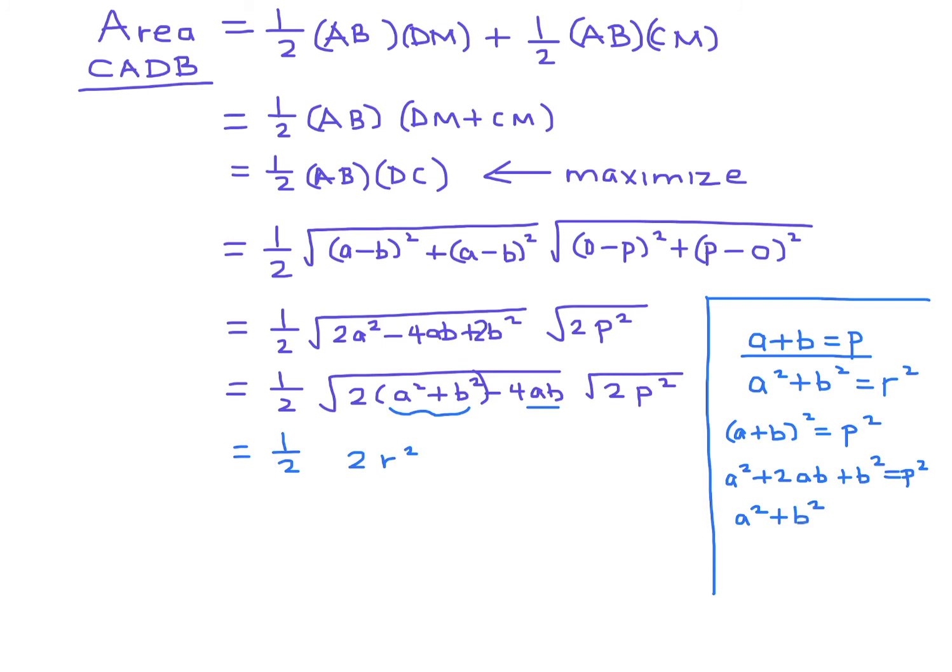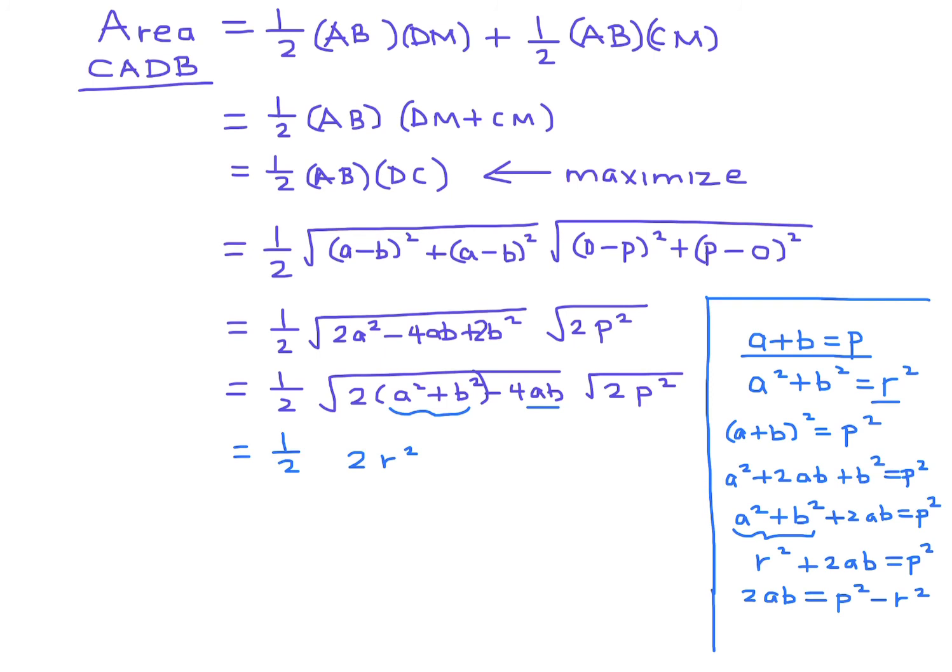Now, A squared plus B squared is just R squared, so R squared plus 2AB is equal to P squared. And there you go. We can now isolate 2AB. 2AB is equal to P squared minus R squared, like that.